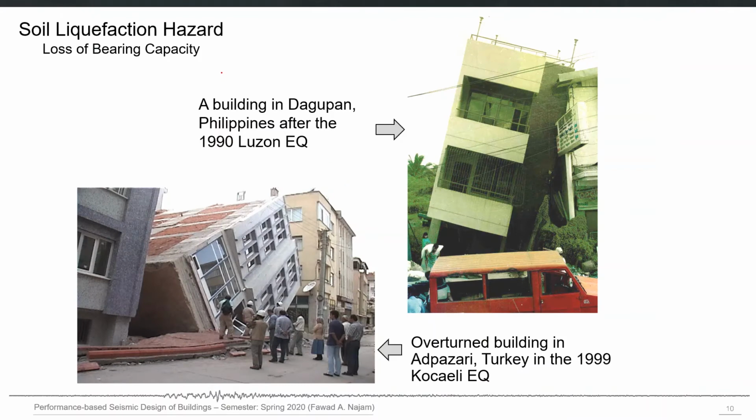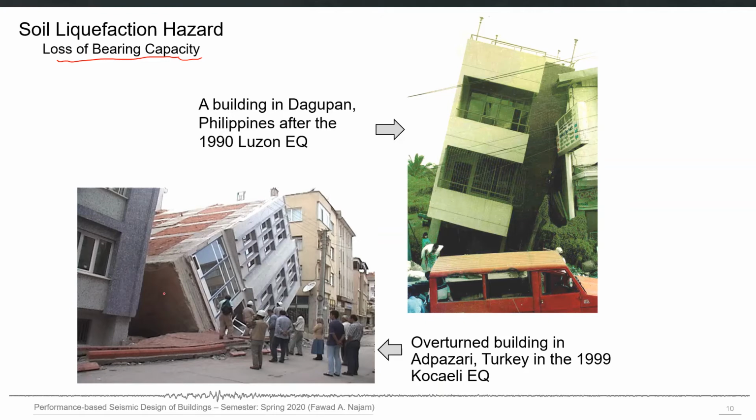Another earthquake hazard is the soil liquefaction, which means the soil behaves like a liquid if it is subjected to ground motions. Its bearing capacity is lost, so it just becomes liquid. It behaves like a liquid material. So structures which are subjected to the soil liquefaction may just overturn.